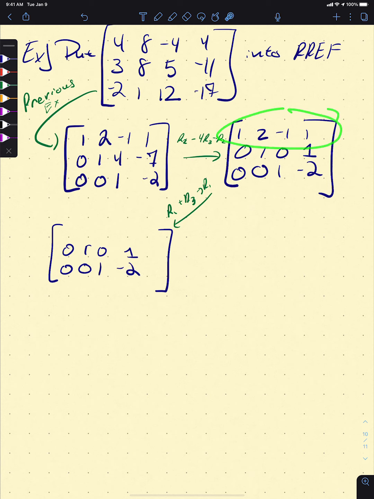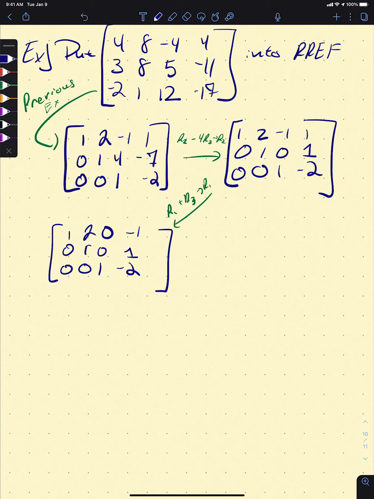And what happens to this row? Well, we have 1. Looks like we're going to do 0 plus 2 is going to leave a 0, right? And 1 plus negative 1 is going to leave a 0, which is great. And then negative 2 plus 1, well, it looks like that's going to come out to negative 1, okay?